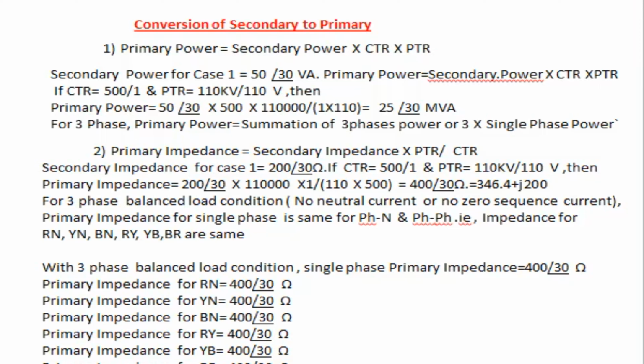Primary impedance is equal to secondary impedance into PTR divided by CTR. Secondary impedance for case 1 is equal to 200 angle 30 ohms.